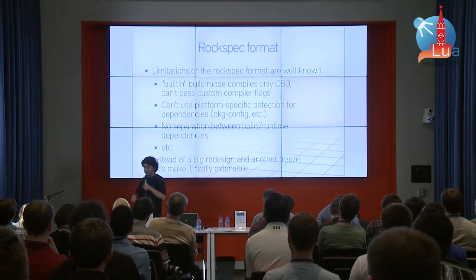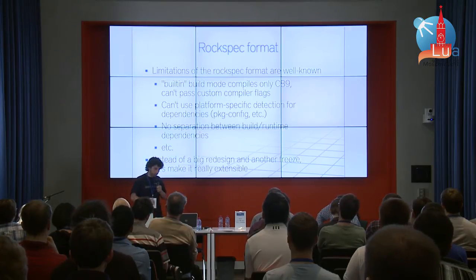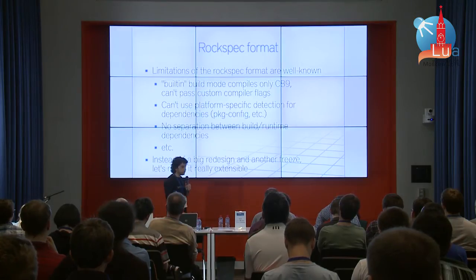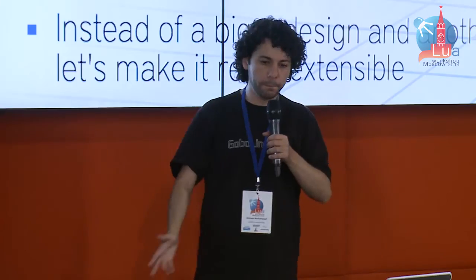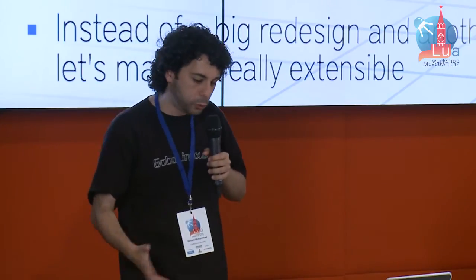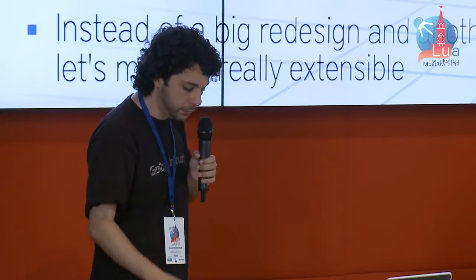I was thinking a lot about this over this year. And what I decided basically is that instead of a big redesign and another freeze, it will be better to make it easier to change gradually. To do that, we will have to make it really extensible. Nowadays it's a little extensible, but it could be a lot better.